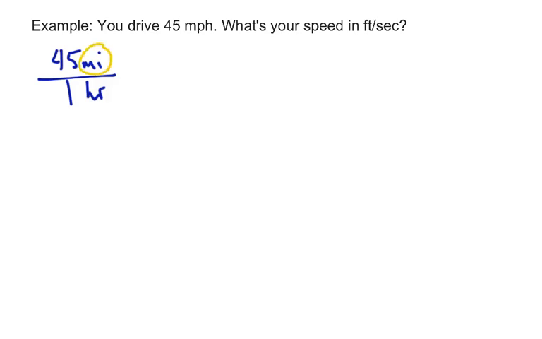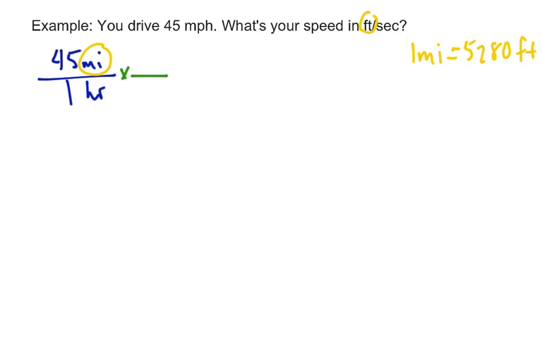So first of all, let's take the miles and change it into feet. And the thing about that is I know that 1 mile is equal to 5,280 feet. It's a Googleable fact. We can look it up and find that out easily. So what I'm going to do is I'm going to multiply by a fraction.